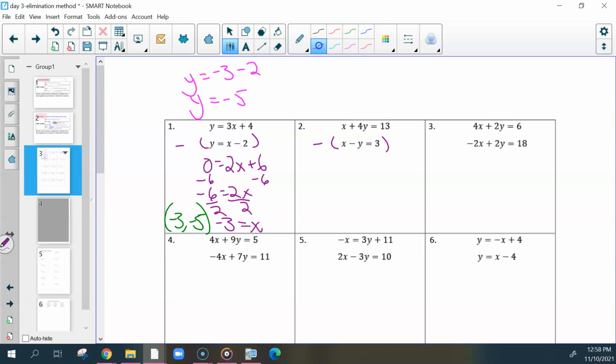X minus x would give us 0. 4y minus negative y would be plus, so this would be 5y. 13 minus 3 would give me 10. If they're the same positive, subtract every time, yes.